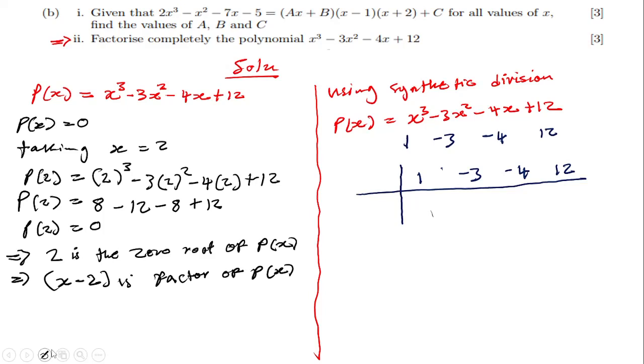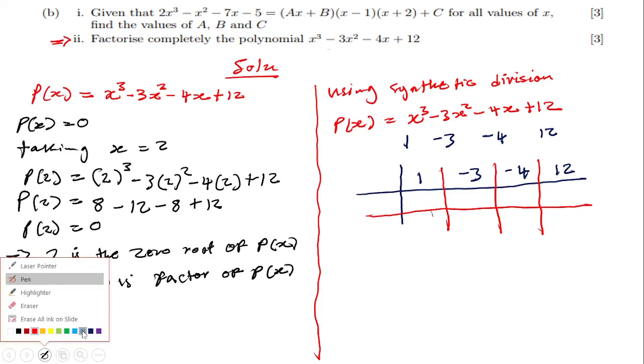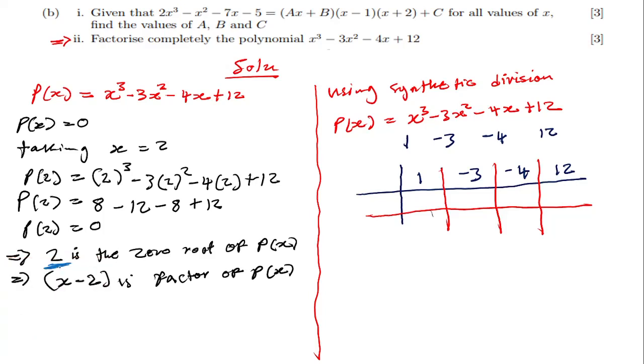I'm going to have a line there, another line there, another line there, and then I'll also make a second horizontal line. The other feature that is supposed to appear on this particular table is the 0, which we found, the 0 root, which was 2.